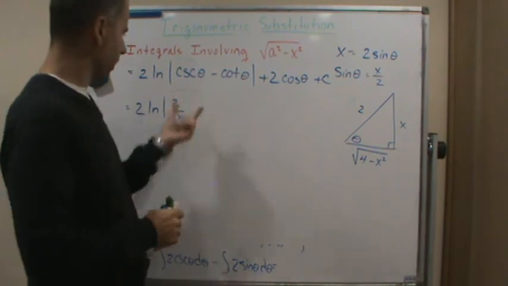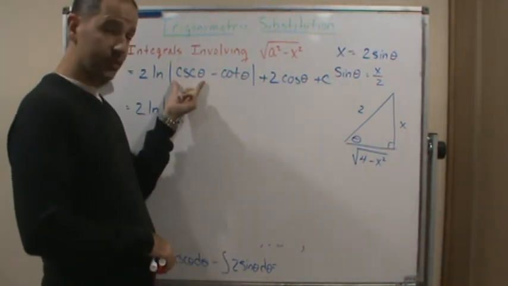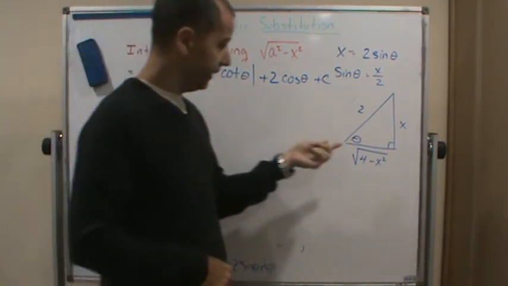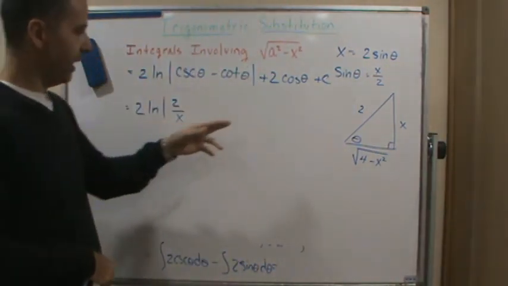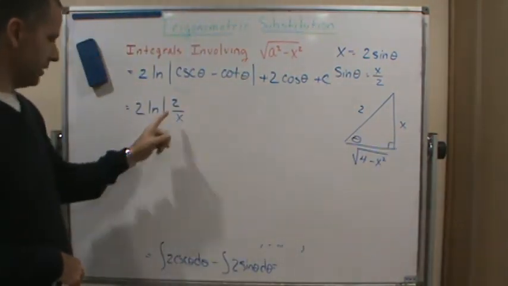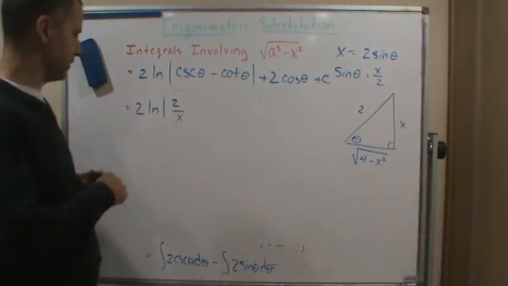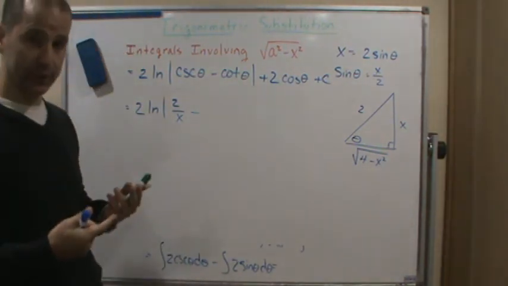Again, just to clear up everything, cosecant theta is 1 over sine theta. Sine theta is opposite over hypotenuse, so cosecant is hypotenuse over opposite, which is this. Now minus cotangent. Cotangent is 1 over tangent.